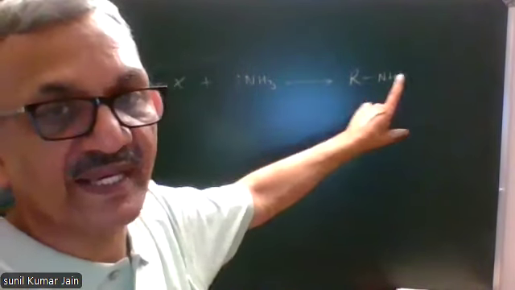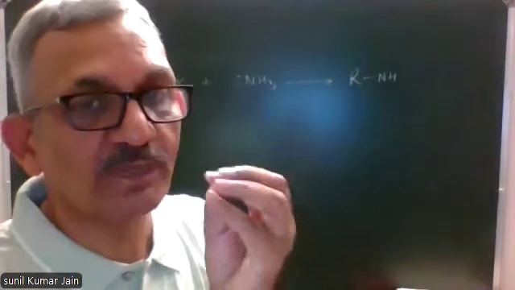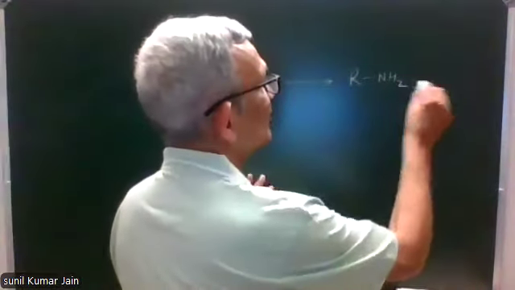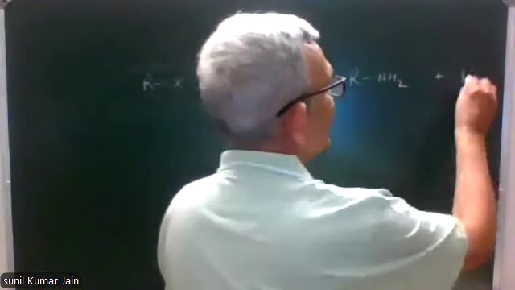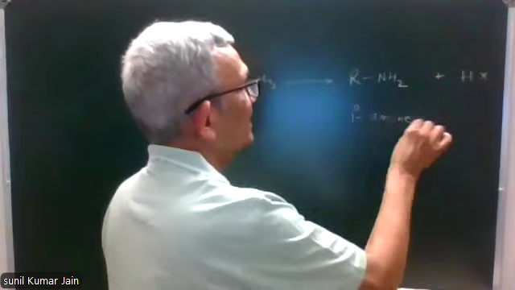Initially it will be RNH3, but immediately from NH3, a small positive ion, that is H plus ion, will be eliminated. RNH2 will be left. H plus will combine with X minus to form HX. So the product obtained is a primary amine.